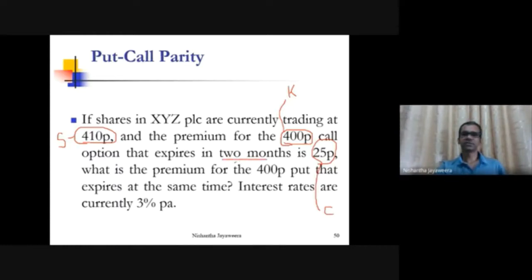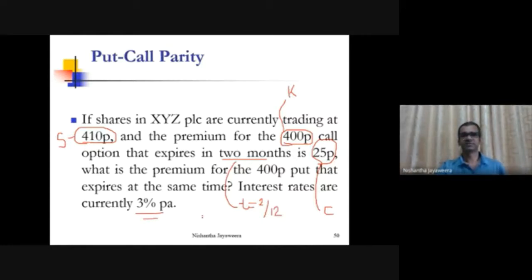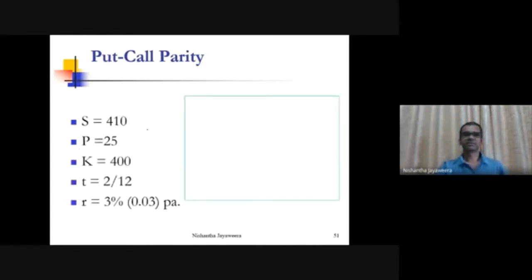This is only 2 months, so T equals 2 divided by 12, and the interest rate is 3%. So again, spot price is 410.